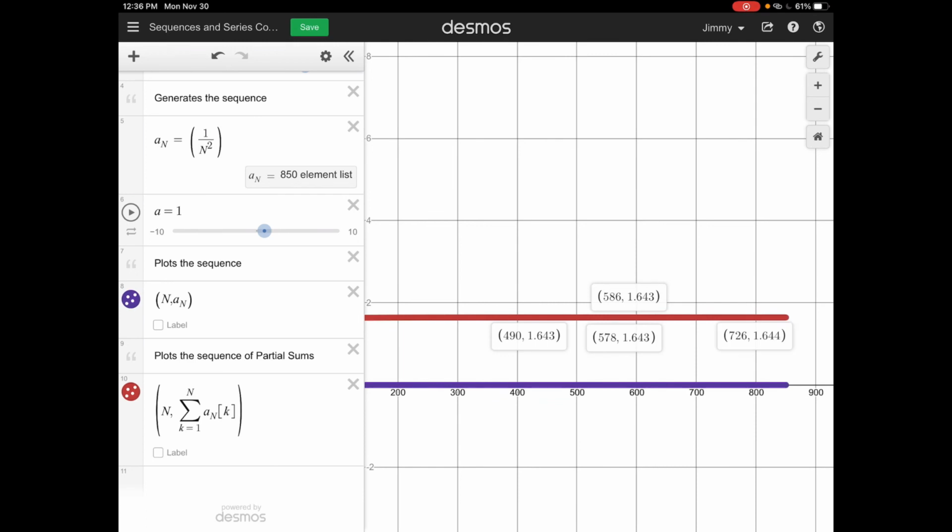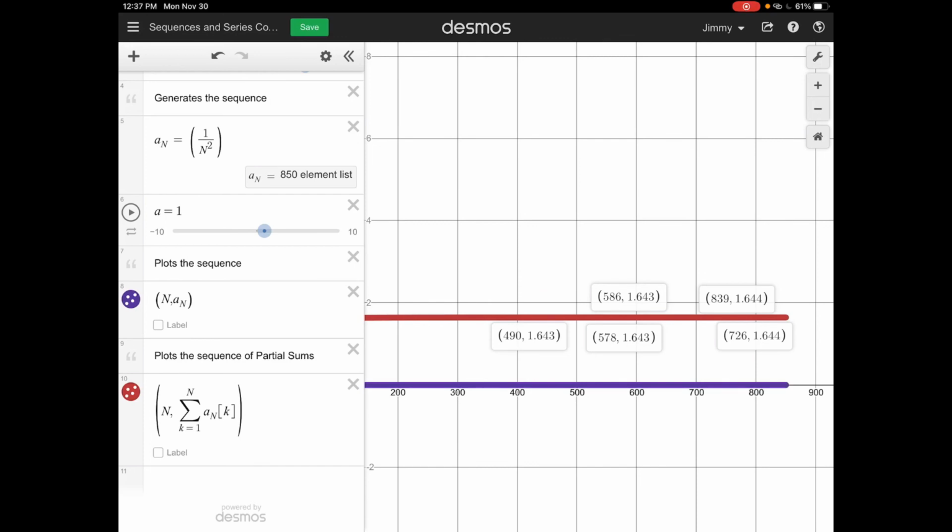So what I can do is approximate this sum. Now, this isn't the exact sum. We're approximating. We're going to round it. After adding 839 terms, we're approximately, for our sum, at 1.644. Notice how these values converge, narrowing in on a certain sum, this y value.